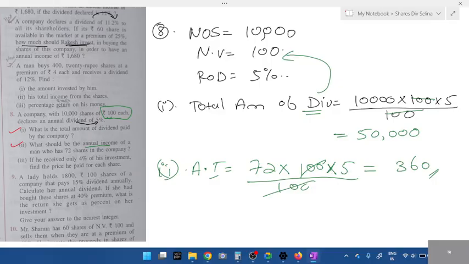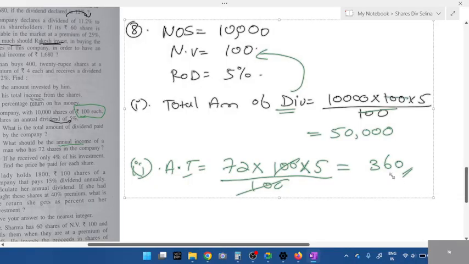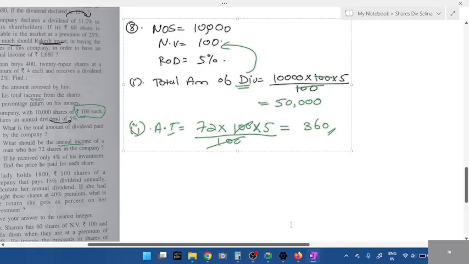For 72 shares, how much annual income does he get? Shall we do the third part?